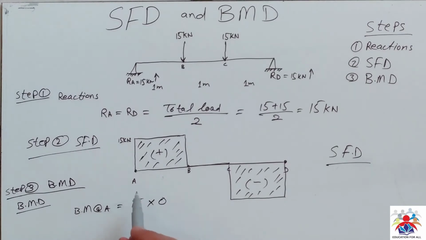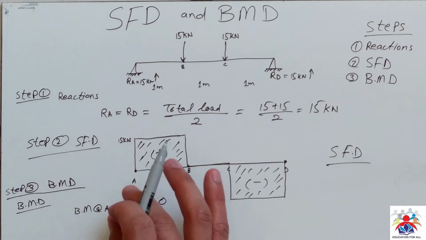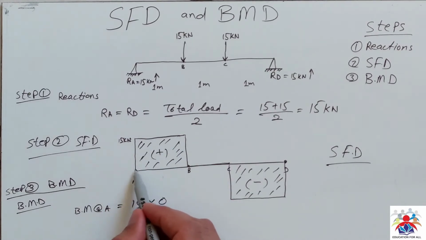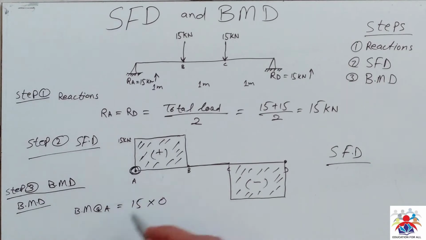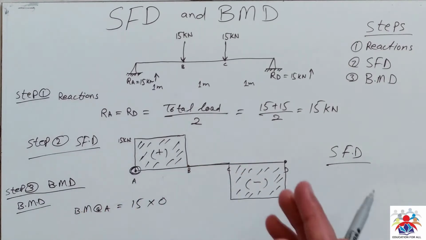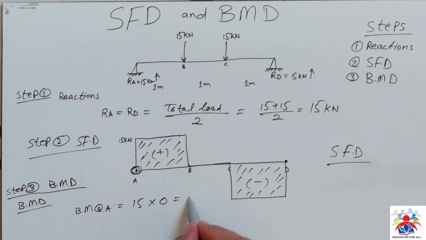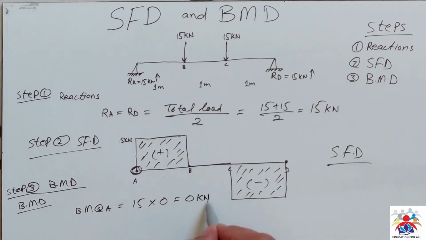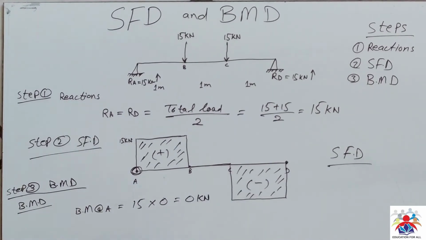Why 0? Because whatever force is on any point, it will circulate around that point, which means we don't have any distance to multiply with. So it will be 0 kilonewton at point A. If 0 kilonewton comes at point D, it means our diagram is correct.